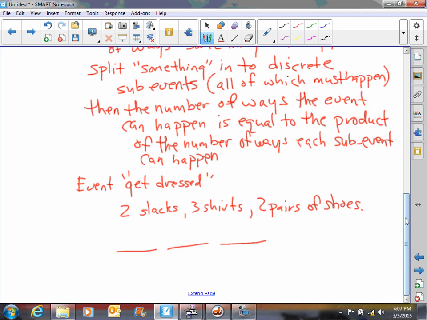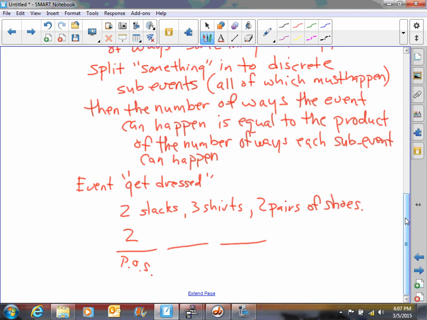Now, we go to the first event, put on slacks. How many ways can we put on slacks? Well, since we have 2 pairs of slacks, there's 2 ways we could do that. I guess we could put left foot in first and then right foot, but we're basically talking about how many different pairs of slacks could you be wearing? 2 pairs.